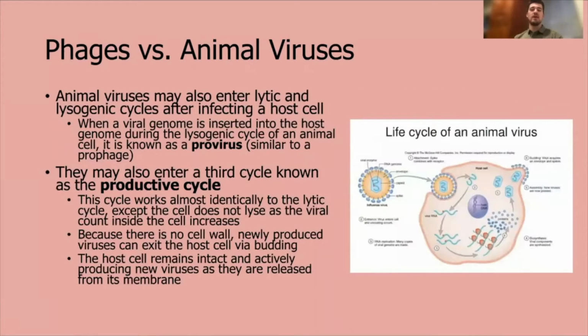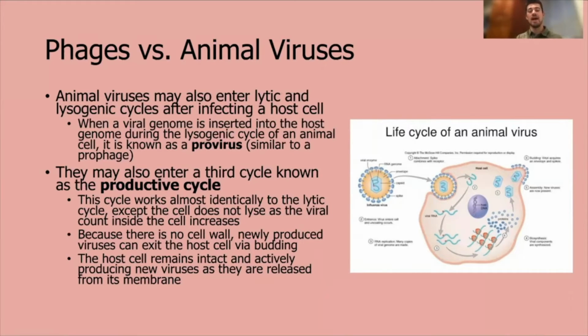So animal viruses may also enter lytic and lysogenic cycles after infecting a host cell, very similarly to how bacteriophages do it once they're inside of that bacteria cell. When a viral genome is inserted into the host genome during the lysogenic cycle of an animal cell, it is known as a provirus. So I used the word provirus a couple of minutes ago. When we're talking about a bacteriophage in bacteria, entering the lysogenic cycle and inserting that genetic information into the host cell's genome, that specific part is called a prophage.